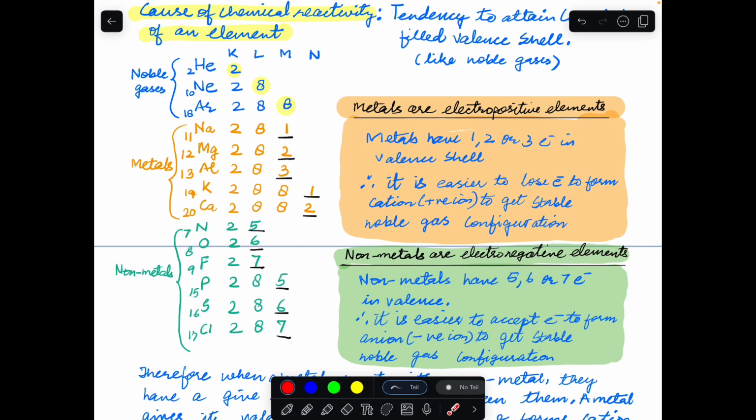Because if you are having 1 electron, like in case of sodium in the outermost shell, gaining 7 is not easy, but losing 1 is easier. Therefore, it is easier to lose electron to form cation. Cation means positively charged ion, and they will get stable noble gas configuration. So metals are therefore called electropositive elements because they will lose electron to form positive ion.